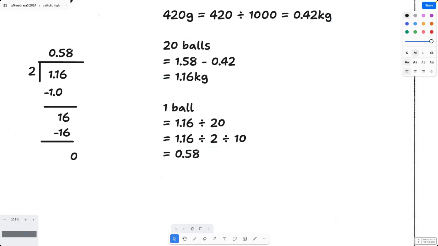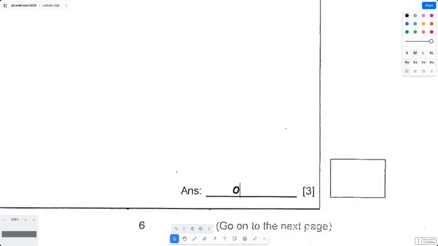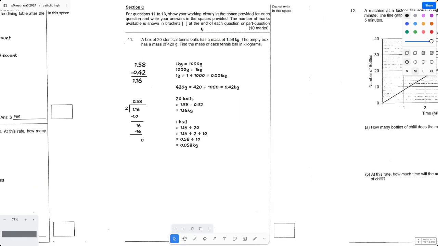Always double check your workings. But that is only divided by 2, so we also need to divide by 10. That means it's 0.058 kg. So the answer for one ball is 0.058 kg.